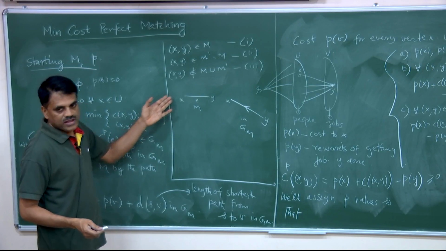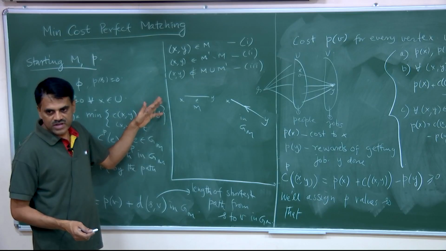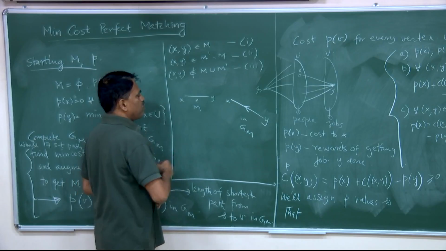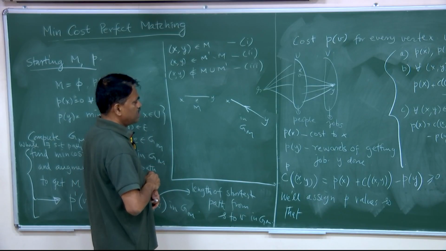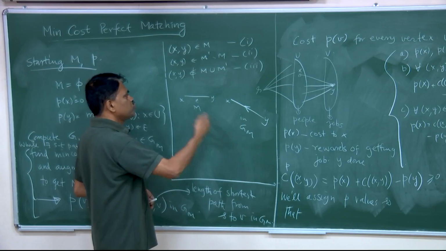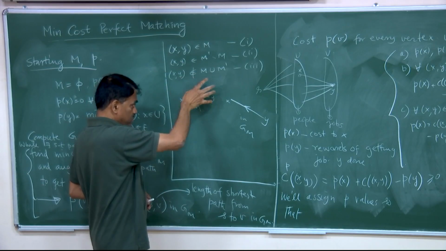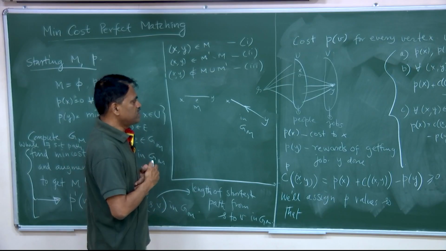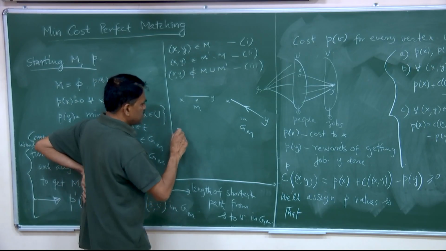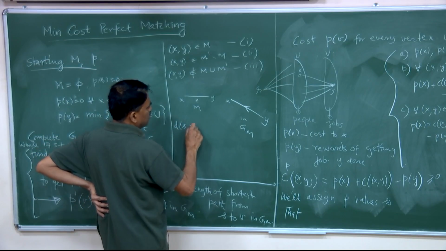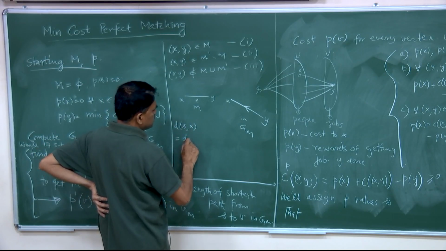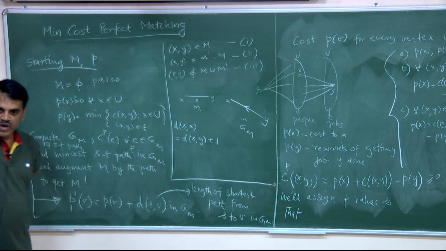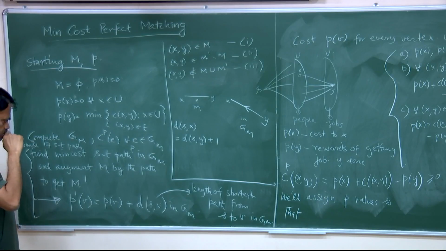From S, there will be an edge, but that will be saturated anyway, so that won't be there because xy is in M. In the residual network, there will be an edge from y to x, and nobody else will come to x because all the edges are forward. Anything in the matching, only this would be there, right? So now in the shortest path augmentation, the distance from S to x would be equal to distance from S to y plus 1 because of this only edge present.